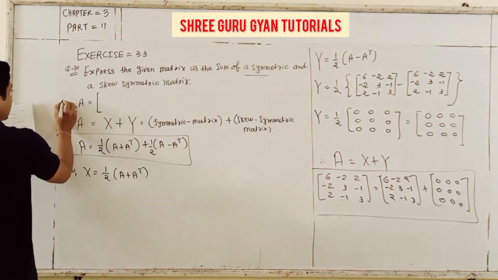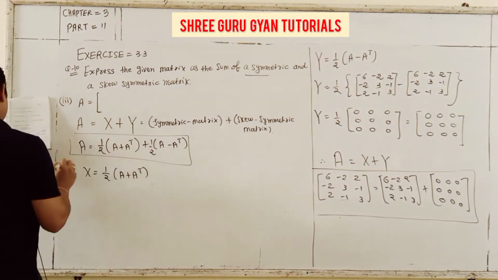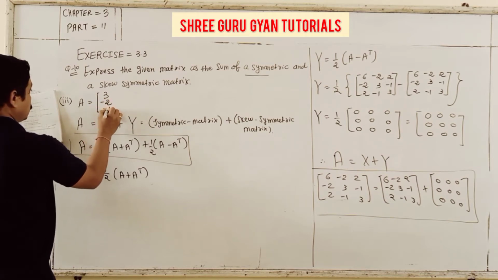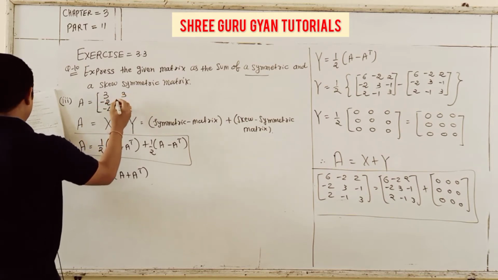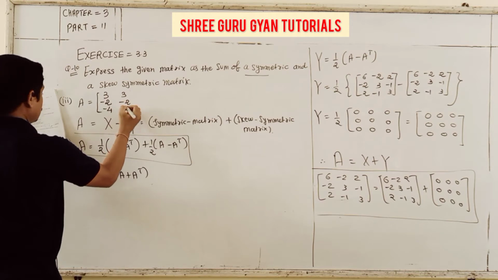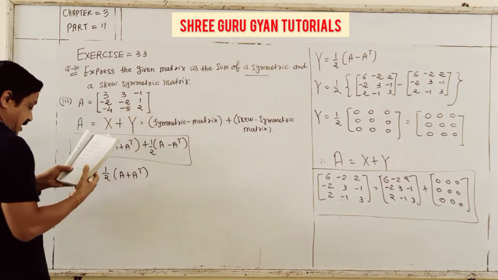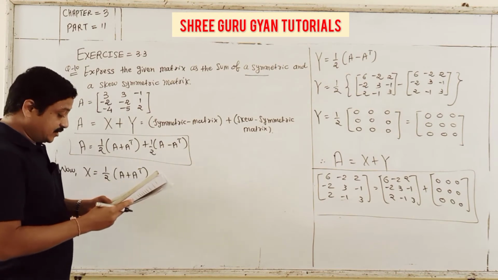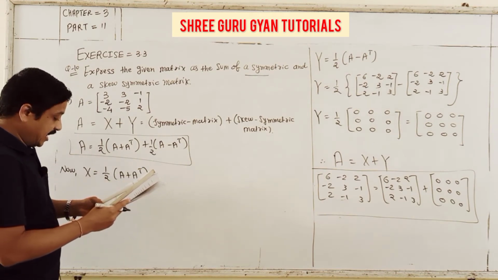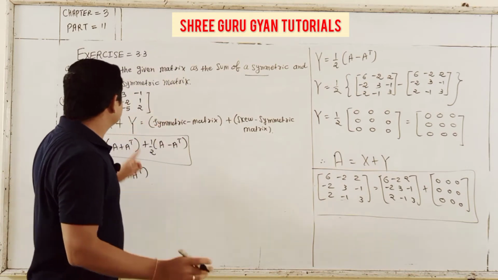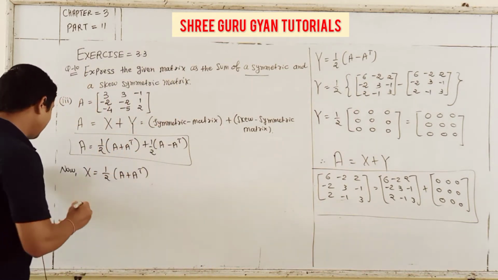So my A for the third one is 3, minus 2, minus 4, 3, minus 2, minus 5, and minus 1, 1, and 2, again 3, 3, minus 1, minus 2, minus 2, 1, and minus 4, minus 5, 2. Now same representation up to that, and go to X.